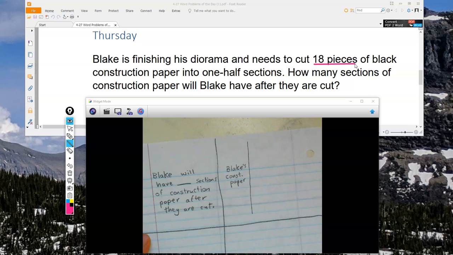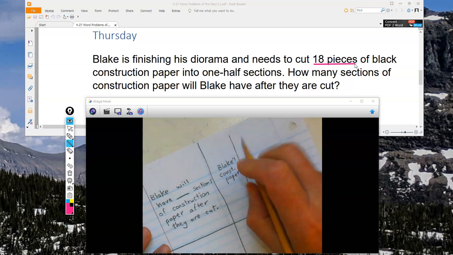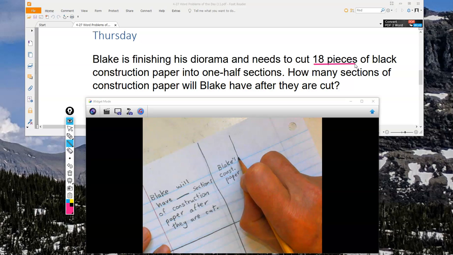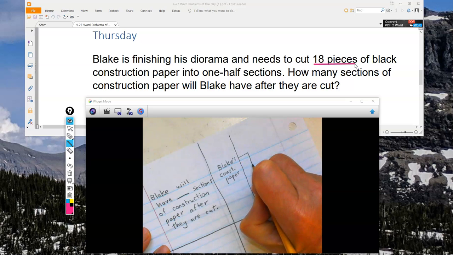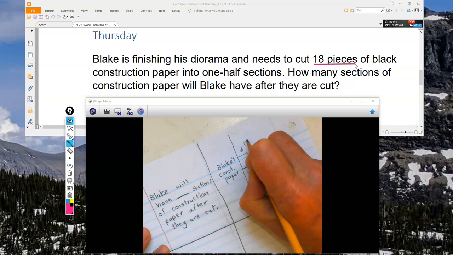I could do it a couple of ways, and I think I have one way so I avoid having to do all 18, but you could do it with 18 too. Let me show you a shortcut I thought of. You can have one piece of Blake's construction paper right here. We'll call this piece 1.